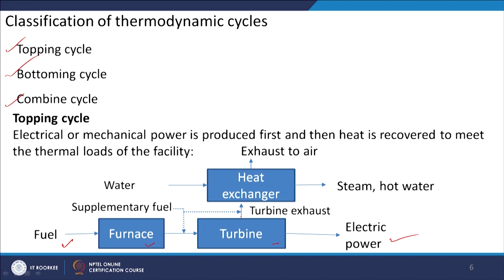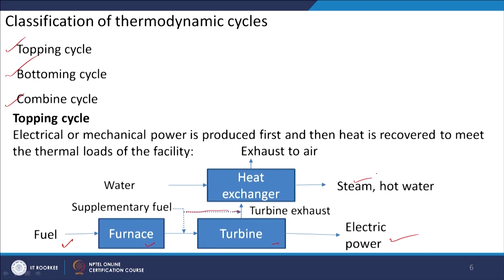Then the exhaust from the turbine is further added with some supplementary fuel and combusted, its temperature is increased, and it is used in a heat exchanger for steam generation.